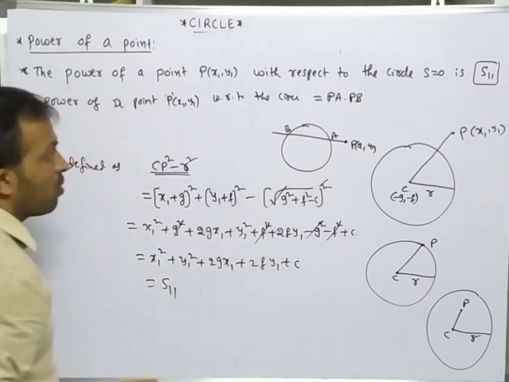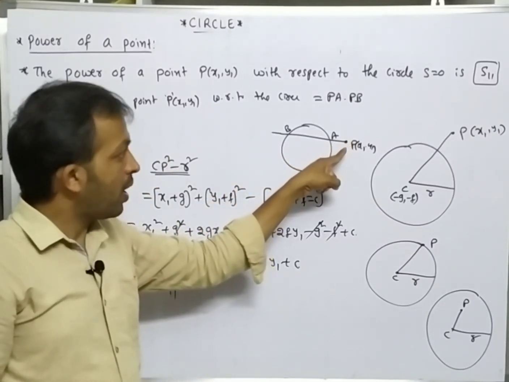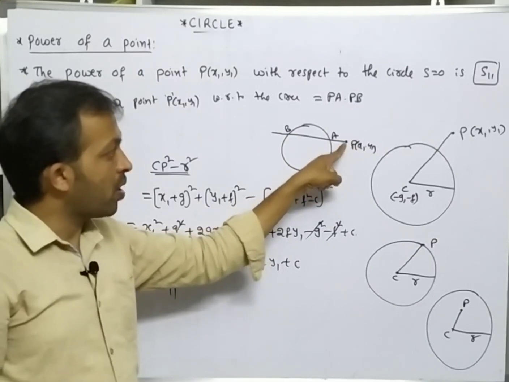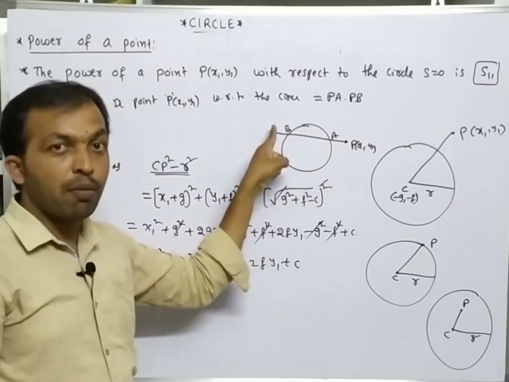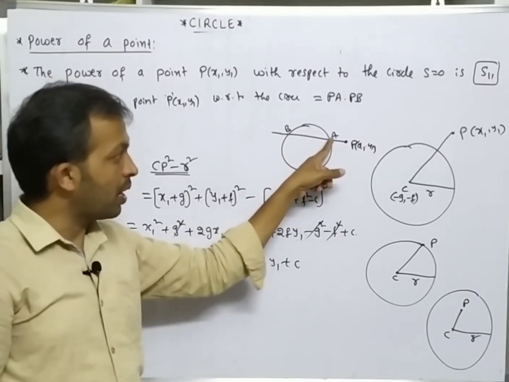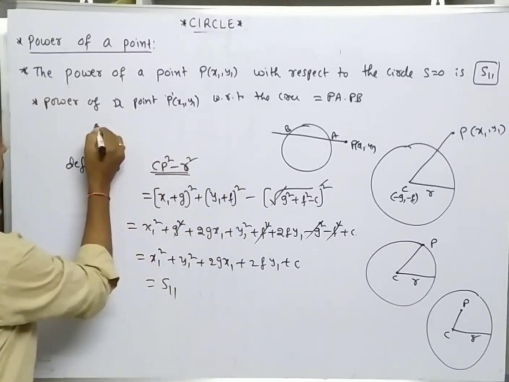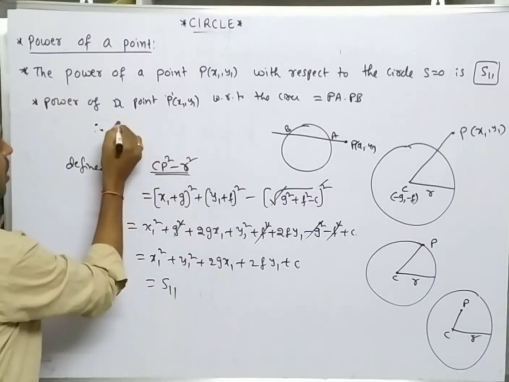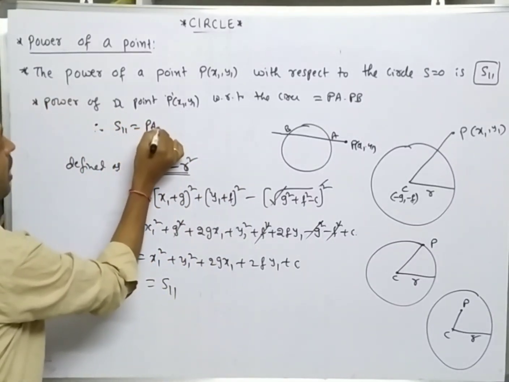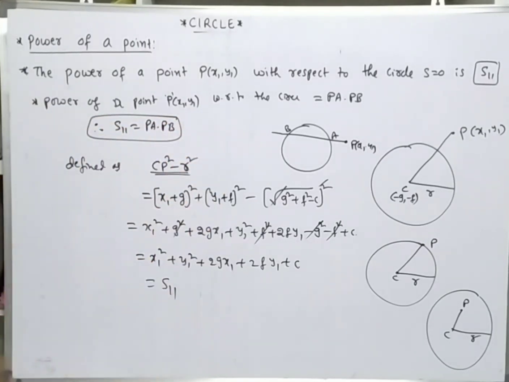So remember this formula also. So finally, power of a point, S11, is equal to PA into PB. Remember this. This is about power of a point.